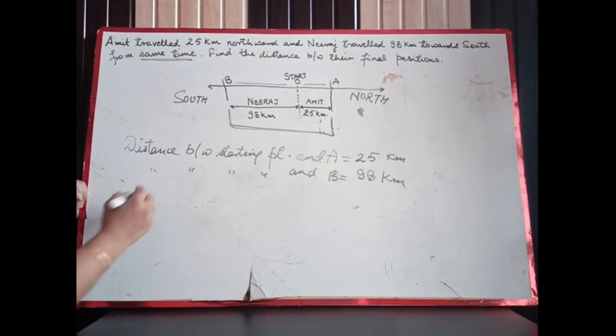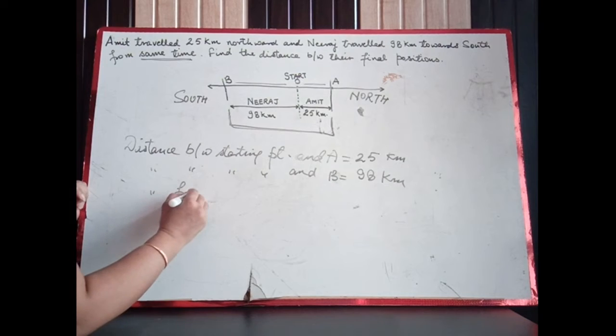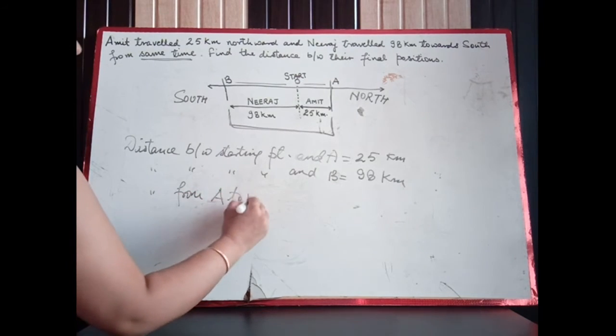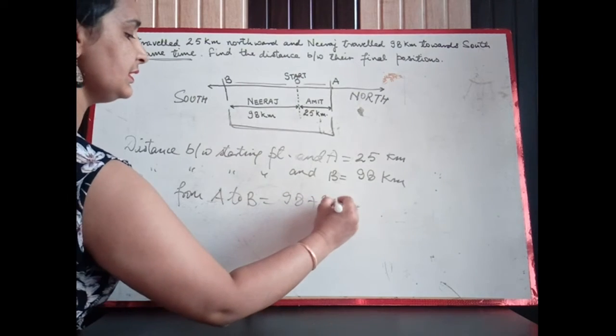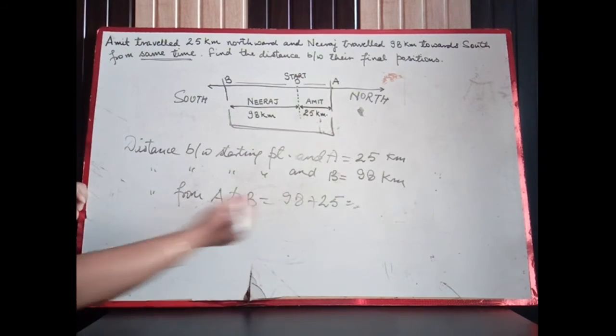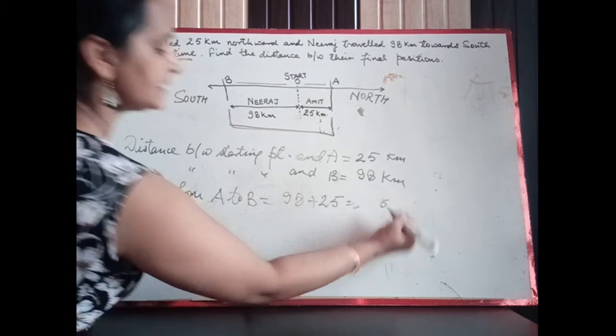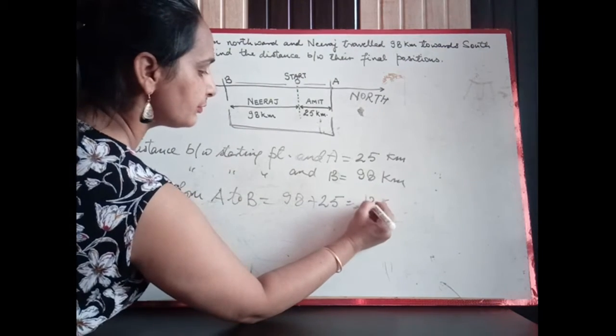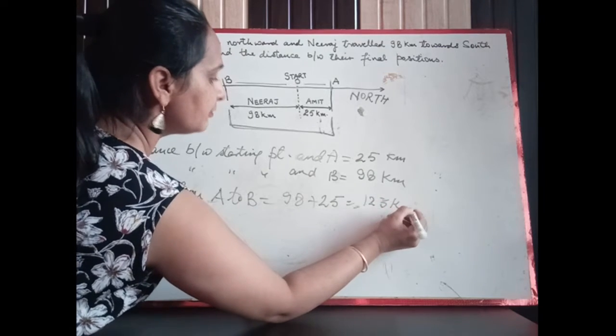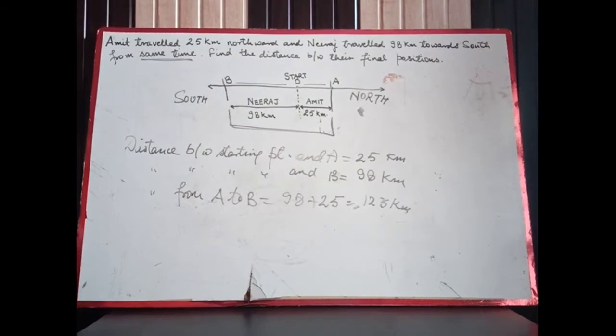And we will write distance from A to B is equal to 98 plus 25. That we will get: 8 plus 5, 13; 1, 9 and 1, 10; 10 and plus 2, 12. So we get here 123, which is the distance between Neeraj and Amit.